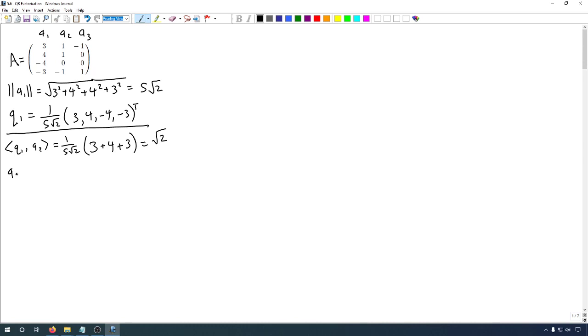We find, this should be a2 minus our projection p. Remember, our projection p we get by multiplying this inner product by q1.